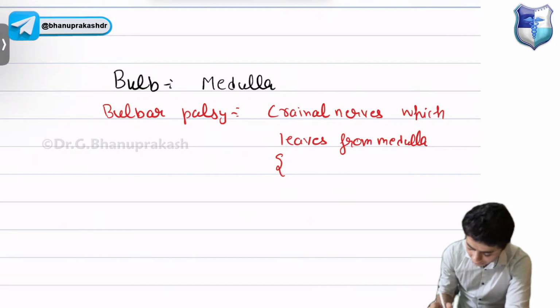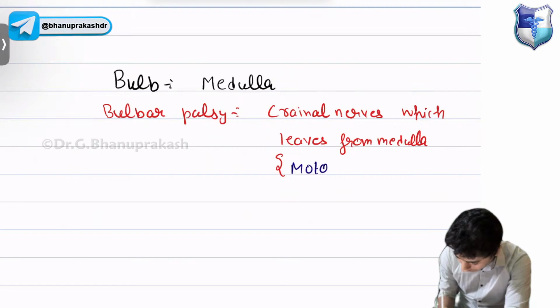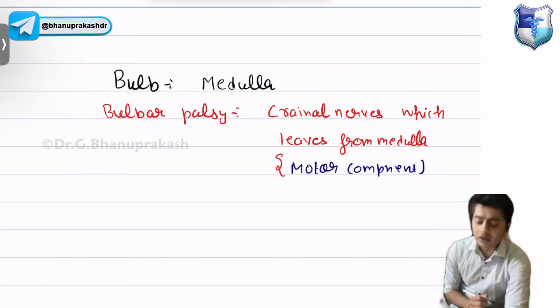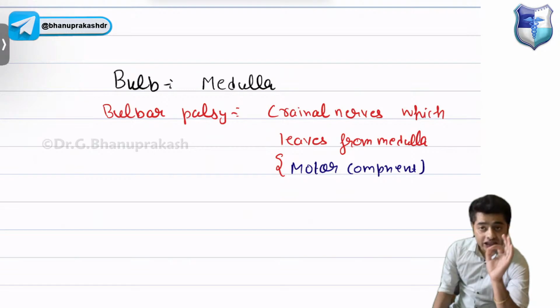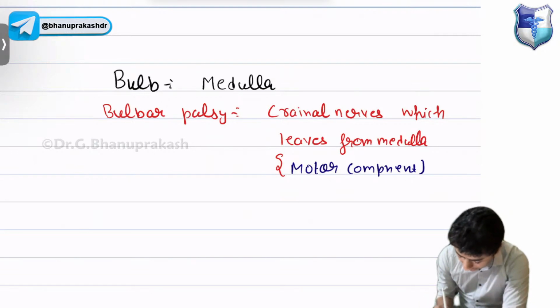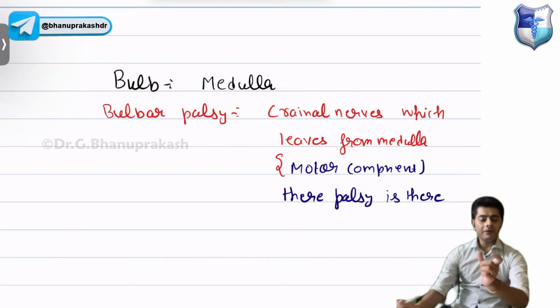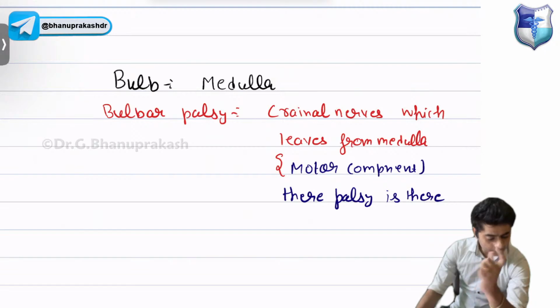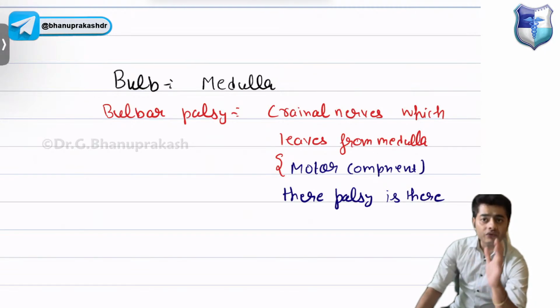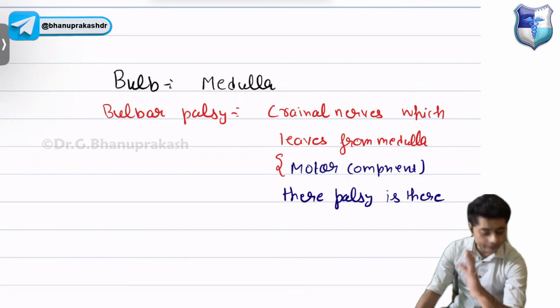So the cranial nerves which leave from the medulla, their palsy is there. Bulb means medulla, and bulbar palsy means palsy of the cranial nerves which leave from the medulla.